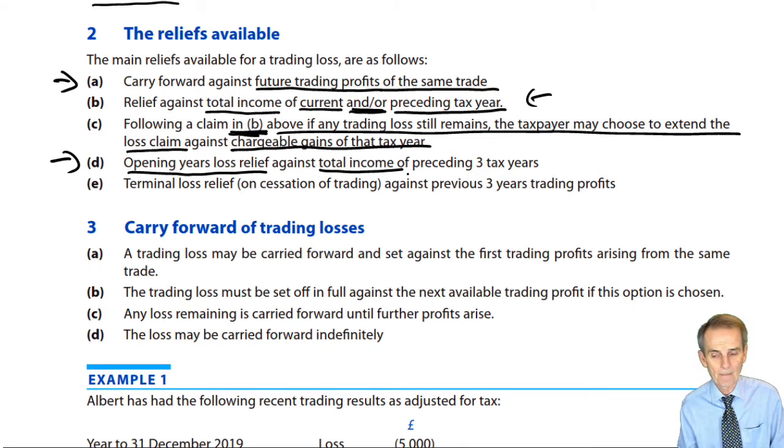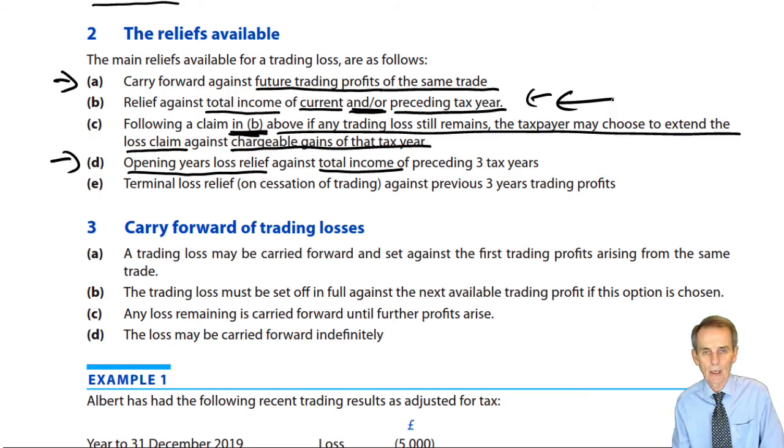So it's just the same. But what makes this one better than just the current year and the preceding year, with your normal claim here, for the ongoing business, the furthest you can carry back the loss is to the preceding tax year. But look what can happen here.